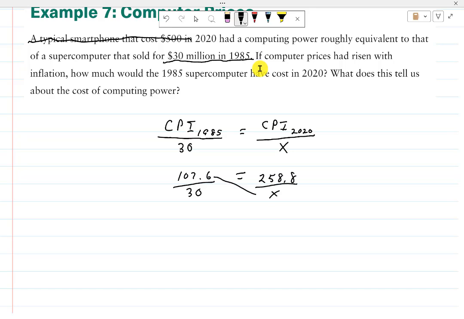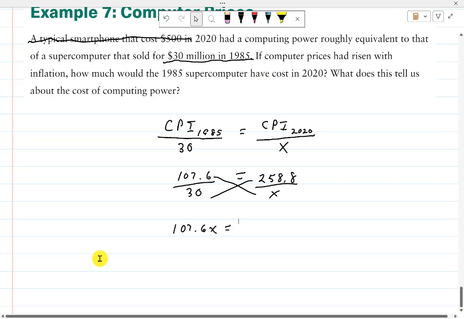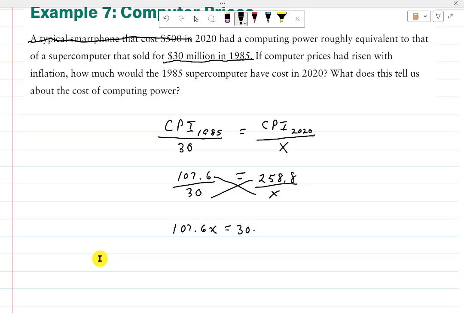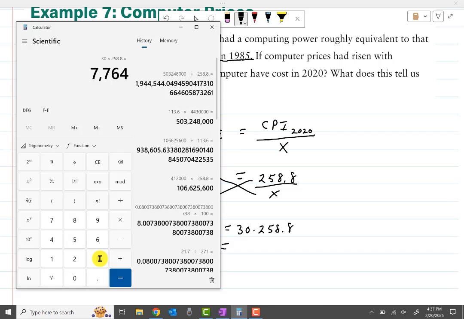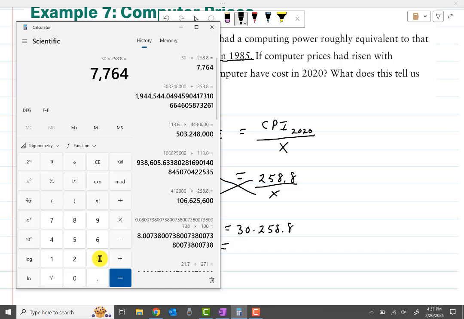X. Let's cross multiply. So 107.6x equals 30 times 258.8. 30 times 258.8 equals 7764.